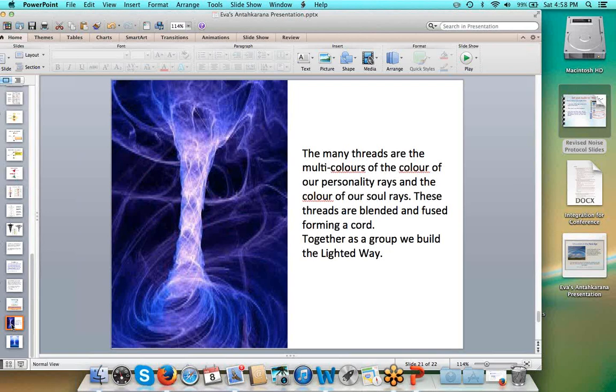So when we get to the group, are all those rainbow colors just as vibrant, or does it depend on the evolution of that group as to the vibrancy and the intensity of color? Technically, yes, it would depend on the evolution of all participants.